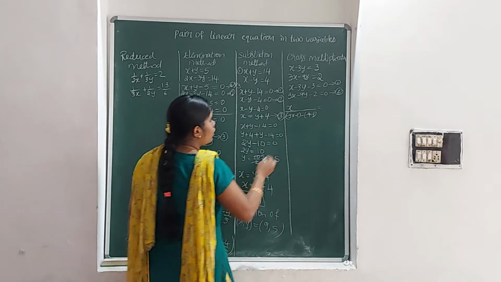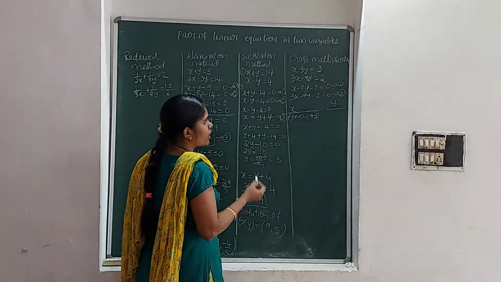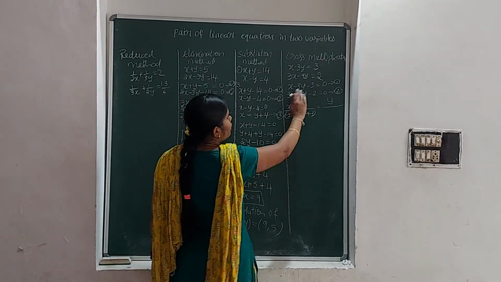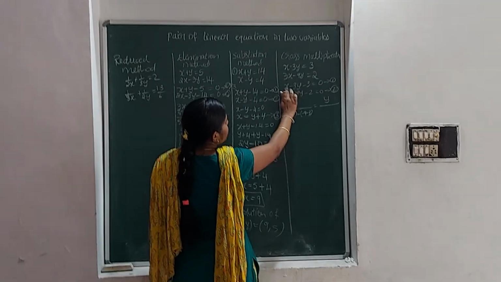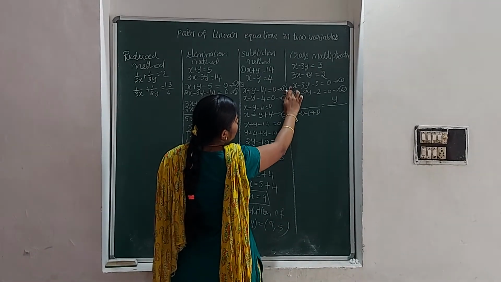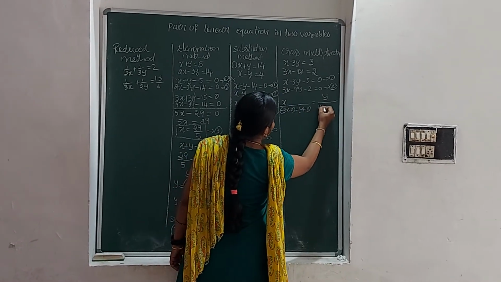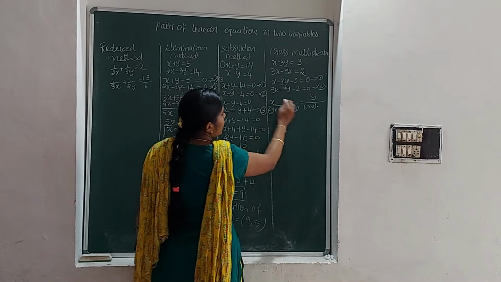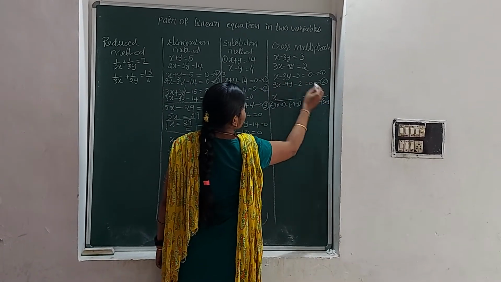Okay, next we'll go for the other variable, that is y. So for the y terms, while you are writing, you concentrate on the x term and the constant term and forget about the y term. In the x term there is no coefficient, so 1 will be there, 1 into minus 2, minus of, then your 3 is there, 3 into minus 3. This and this we need to cross.